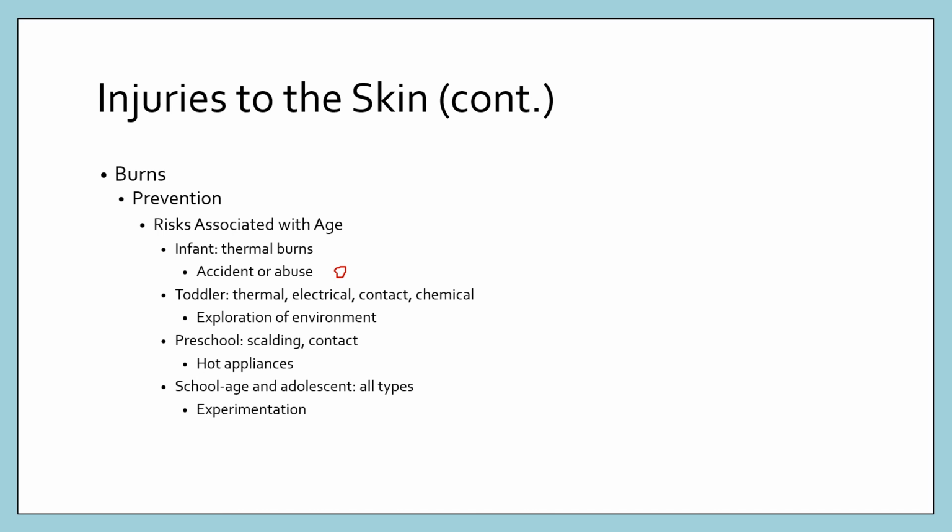It's obviously accidental. Hot appliances are most likely to be involved if they're preschool age kids. And toddlers get thermal burns from reaching for hot coffees off of surfaces, or getting into something they shouldn't have gotten into, or biting through electrical cords.